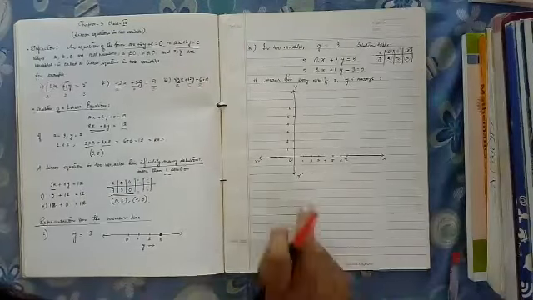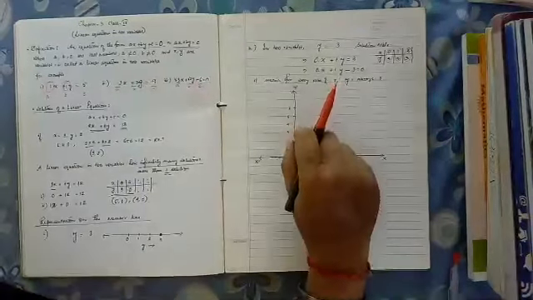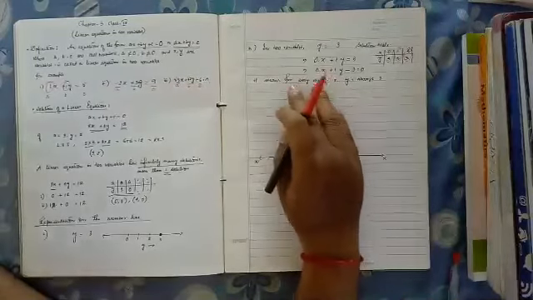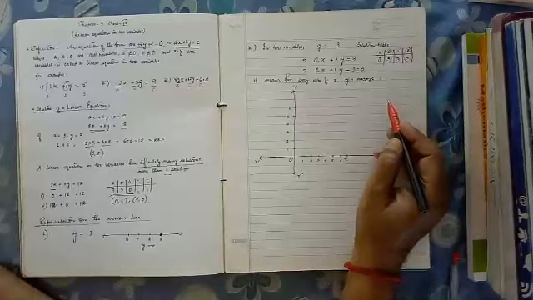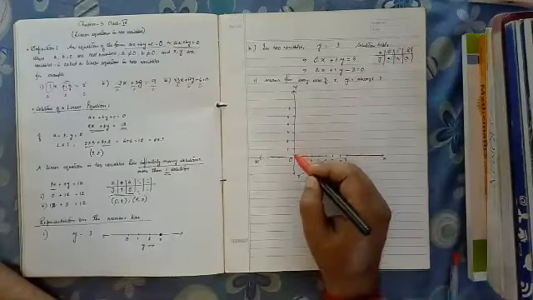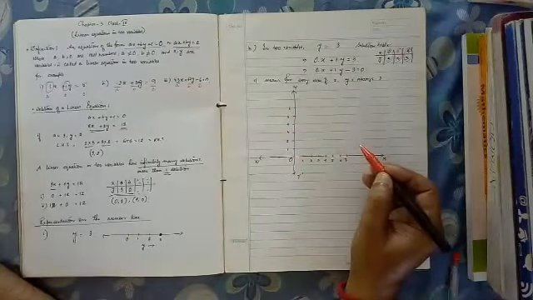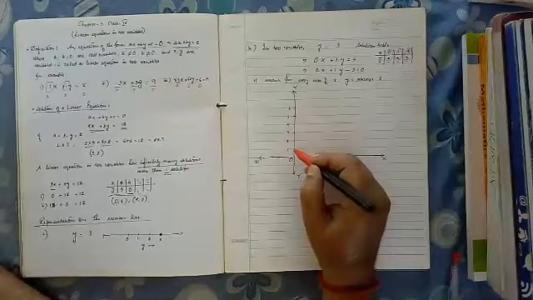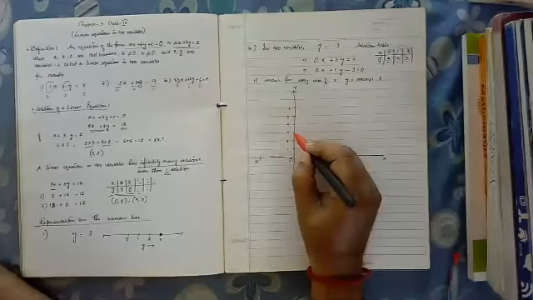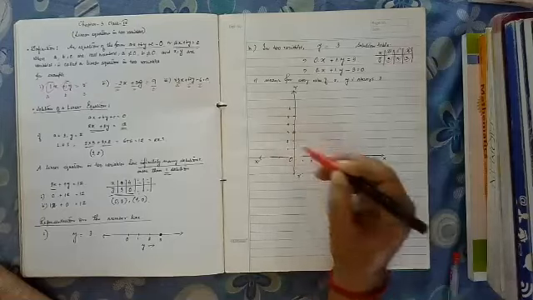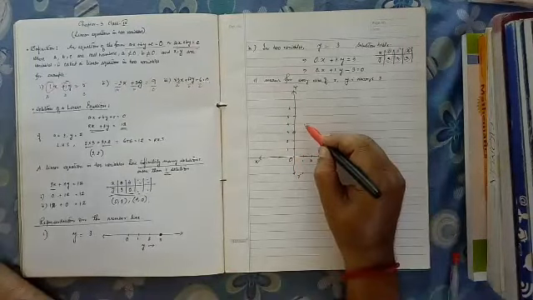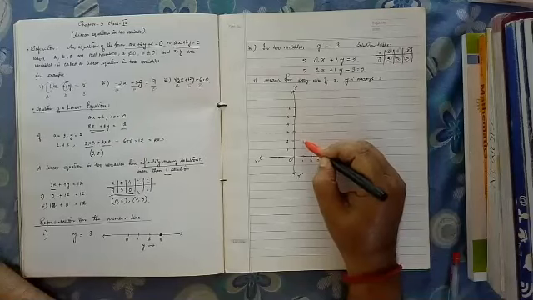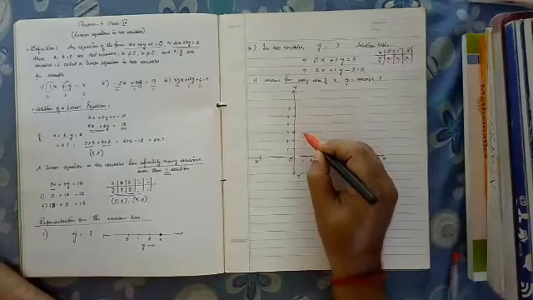Now we have to plot these points on this graph, on this coordinate axis, Cartesian frame. Now x is equal to 0, this is the origin, x is equal to 0 and y is equal to 3, 1, 2, 3. So this is the point. Now x is equal to 1 and y is equal to 3.